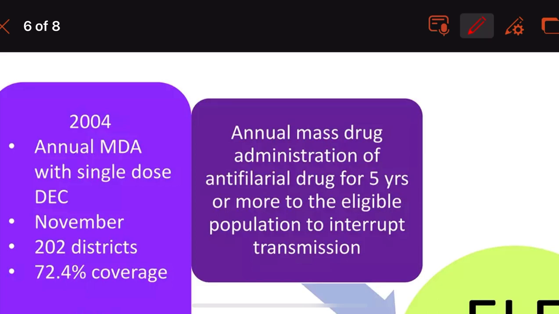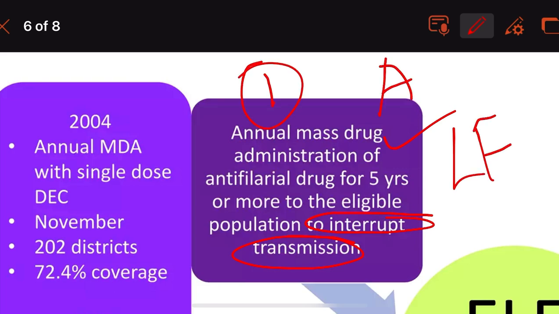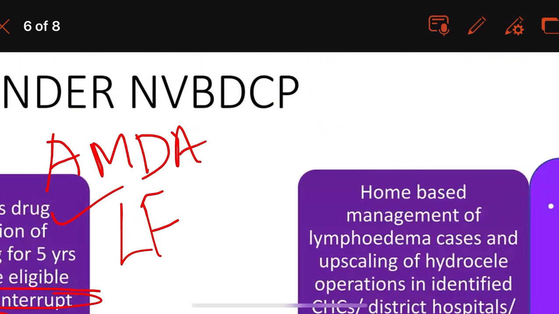And why are we giving this annual mass drug administration? So that we interrupt the transmission of the lymphatic filariasis. This was our first step. What is that? Annual mass drug administration. Fine.